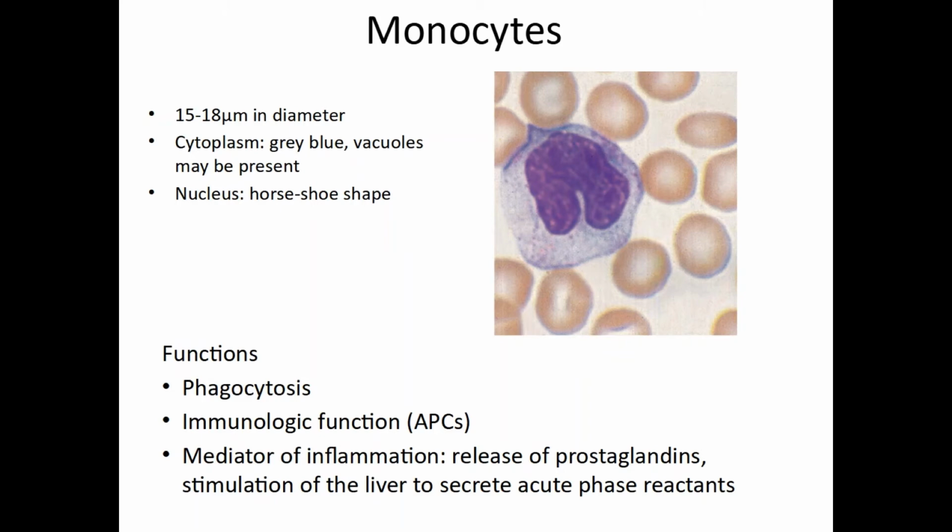Immunological function, macrophages are said to be the first cell which presents a foreign object or an offending agent for further processing by lymphocytes. And it also acts as a mediator of inflammation by releasing certain prostaglandins and helping in the release of acute phase reactants.